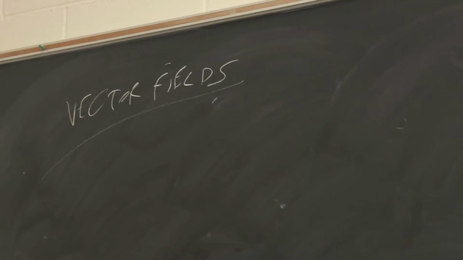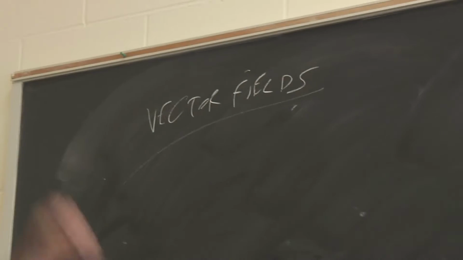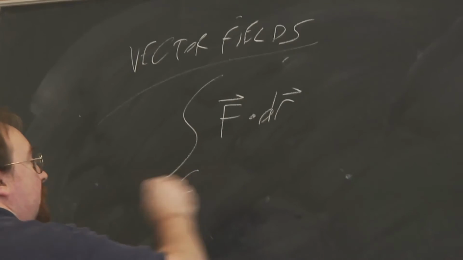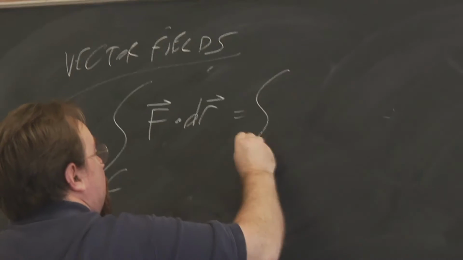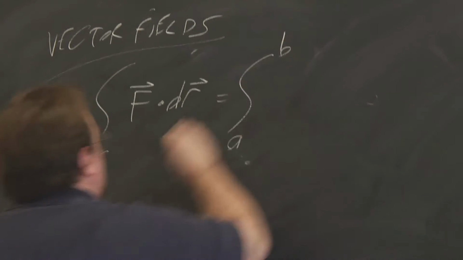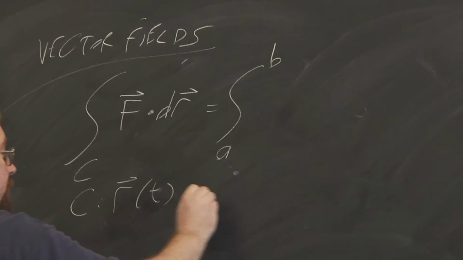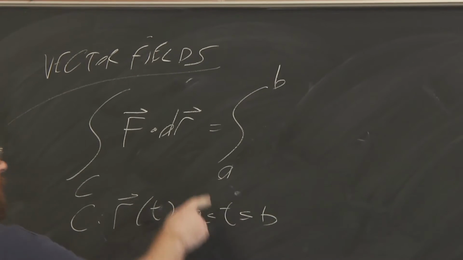When we wanted to compute the work done by a force represented by a vector field as it moved an object along a curve, what we arrived at was that the integral over a curve of a given vector field F turns out to be, assuming the same parameterization is used, t goes between a and b, so we're integrating from a to b.